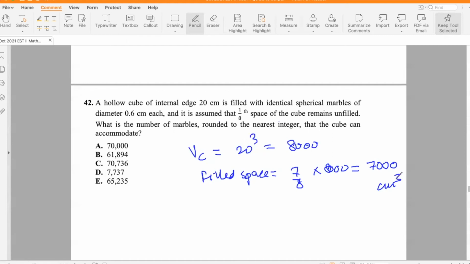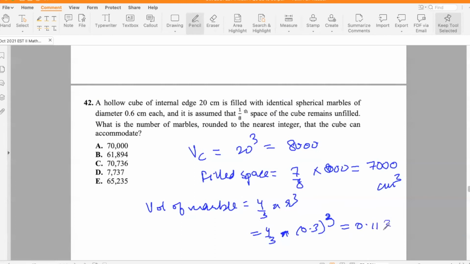Now, what is the volume of one marble? Volume of marble is 4 by 3 pi r cubed. So 4 by 3 pi and 0.3 cubed, right? So let's plug that in. So that comes to 0.113 centimeter cube, right?